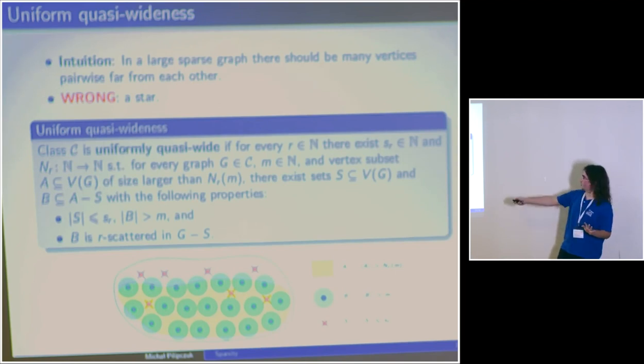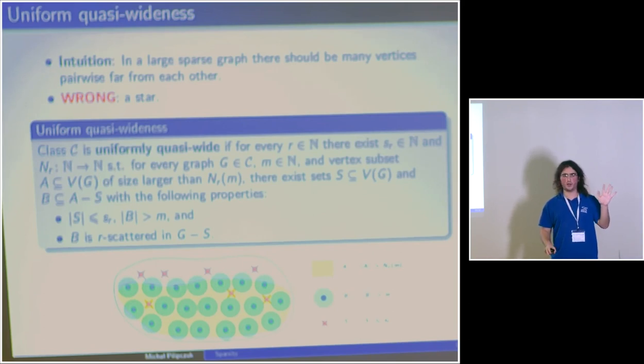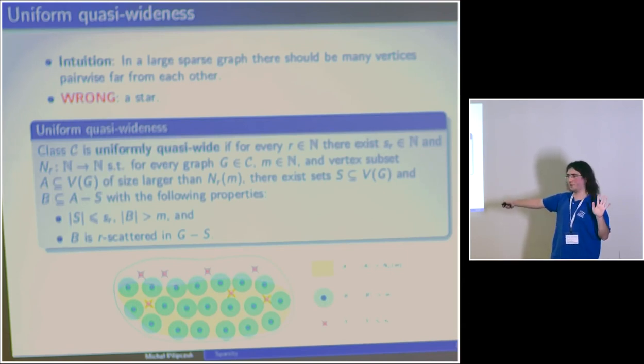Note here that this function N_r governs, if I ask for an r-scattered set of size m, how large this subset A needs to be to begin with. And note that the number of vertices I delete depends only on the radius. It doesn't depend on m, the size that I wish for.